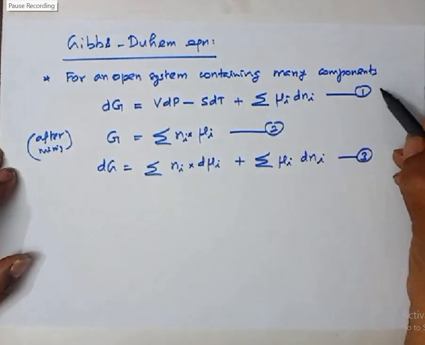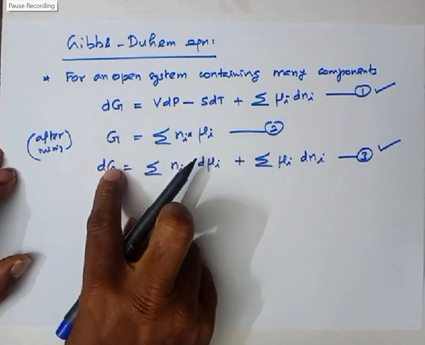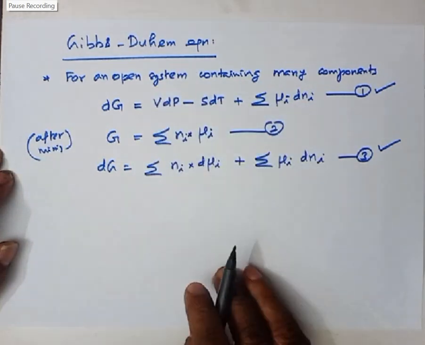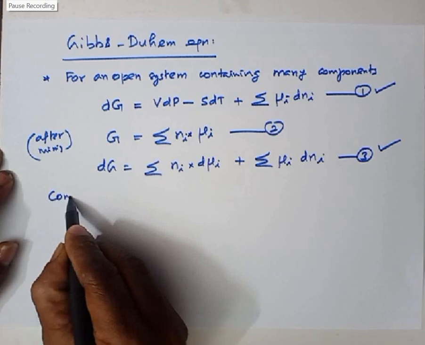Now see equations 1 and 3. On the left hand side we have dG in both, so I am going to equate or compare these two.